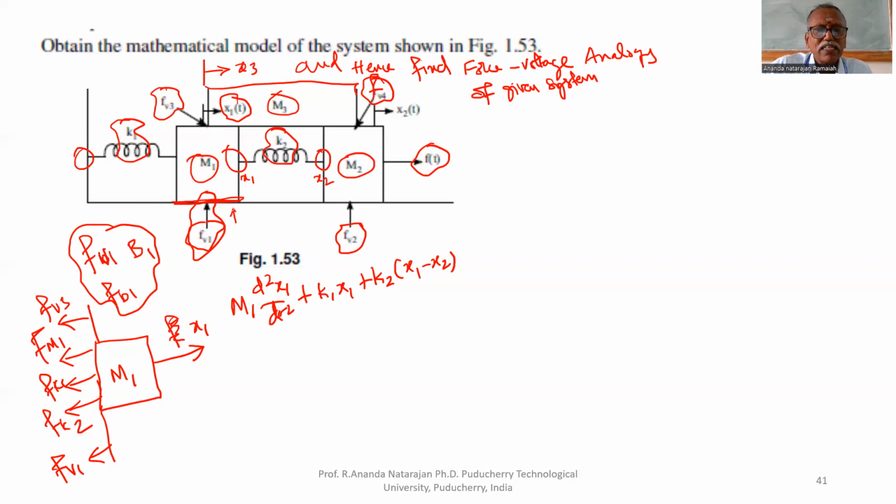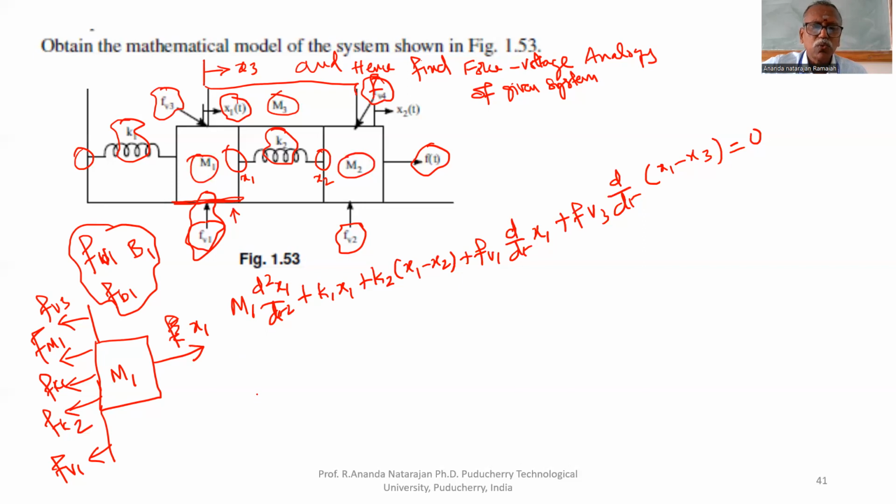Therefore, one end is fixed in this case, therefore plus Fv1 d upon dt of x1. That's all. But for Fv3, between M1 and M3, the displacement in M1 is x1, displacement in M3 is x3. Therefore, d upon dt of (x1 minus x3). How many forces? 1, 2, 3, 4, 5. That's all. Equal to 0. Therefore, no applied force.